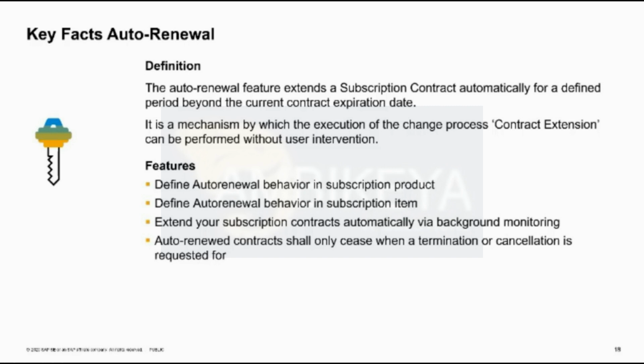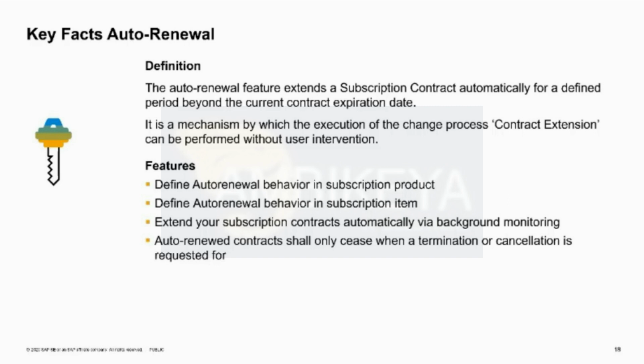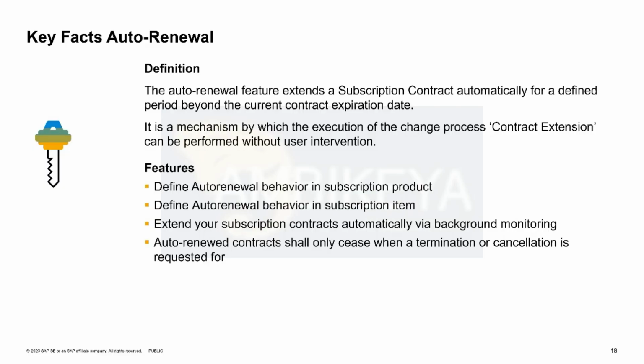What we do with the auto-renewal feature is that we can extend subscription contracts automatically for a predefined period beyond the current contract expiration date without any user interaction. So when you set up your contract, you can already set it up in a way that it's automatically renewed without any user interaction.